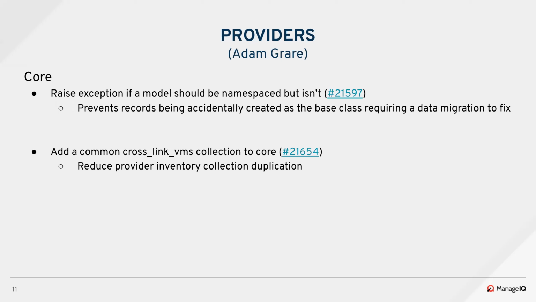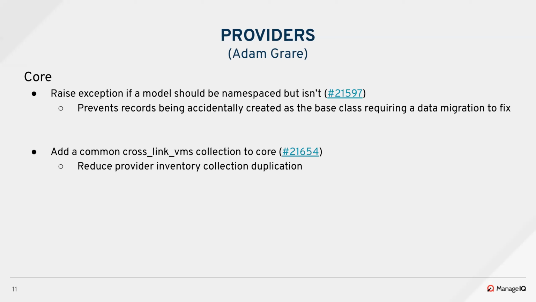When we started doing this, we found way more issues than at least I was expecting, so it took a while to go through all those. But the core change for this landed this sprint, which will raise an exception if it's going to create a record with a class that isn't namespaced on the provider, and that's already proven to be a helpful change. It's already caught issues like this before they landed.